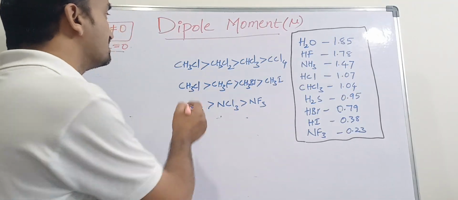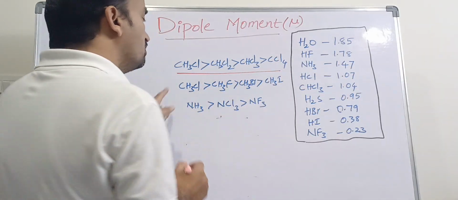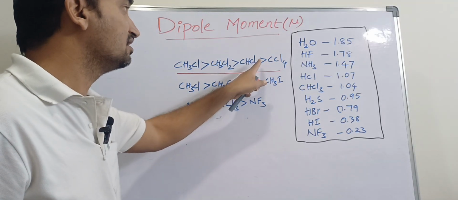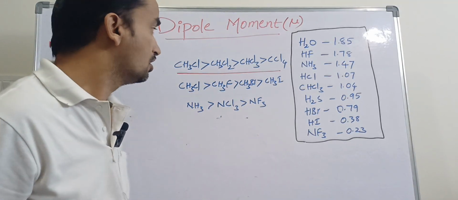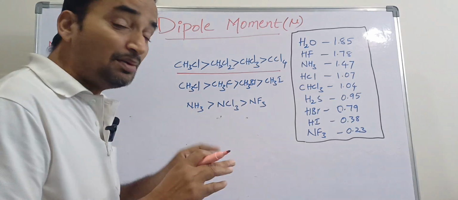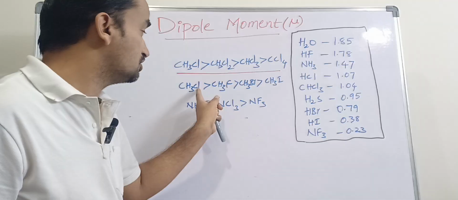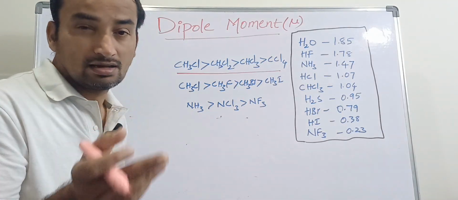Among all these, the order will be the dipole moment of CH3Cl is greater than CH2Cl2, greater than CHCl3, greater than CCl4.